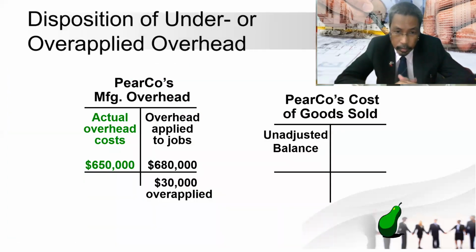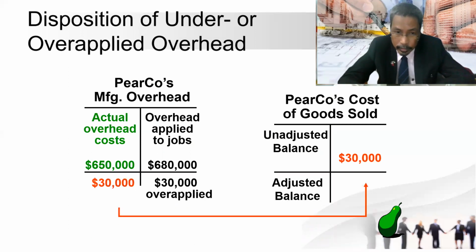So we already know that there is $30,000. So we can balance it out. There is 30,000 over applied in the account manufacturing overhead. So we have to adjust. How to adjust? Put 30,000 here, because this is over by 30, so that if you add 650 plus 30, that is equal to 680.